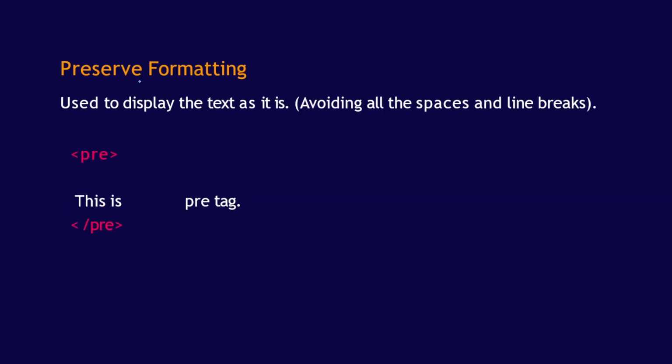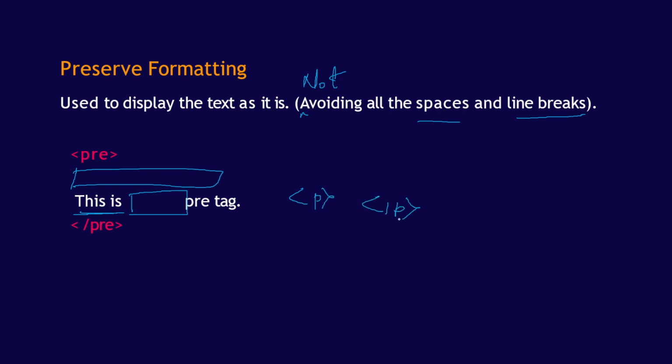Next, you have preserve formatting, used to display the text as it is. That is, it is not going to avoid all the spaces and line breaks that are there for a particular paragraph or for a particular content. For example, if you have added some space over here and, after writing two letters, some more space over here, and you write this in a normal paragraph, it is just going to avoid these lines and spaces and give you a proper sentence.